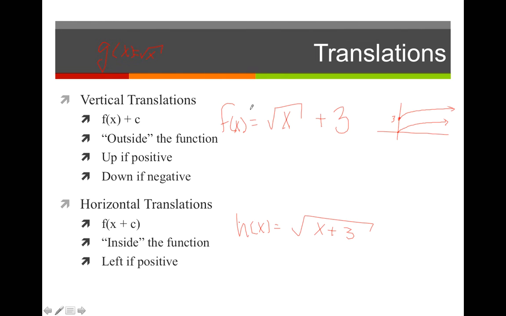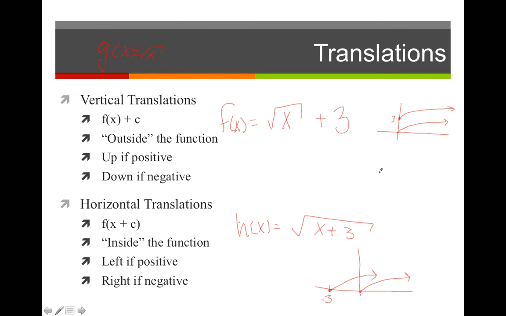So the square root of x being our parent function, the square root of x plus 3 is going to be 3 units to the left, and it's going to look identical, or close enough to identical. Now, left if positive, right if negative.